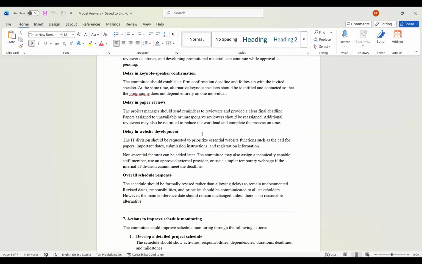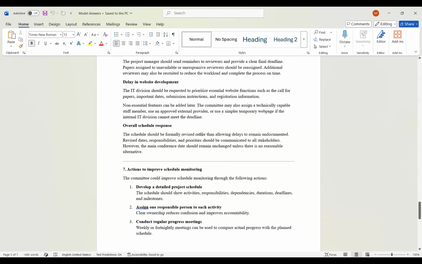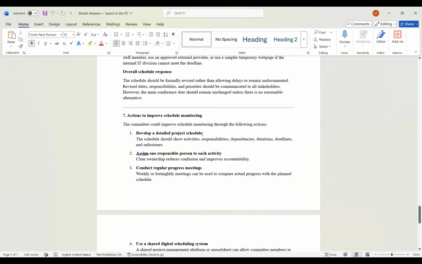If there is a delay in website development, the IT division should be requested to prioritize the important functions, like the call for papers, important dates, submission instructions, and registration information. As for the overall schedule response, the schedule should be formally revised rather than allowing any delays to remain undocumented.